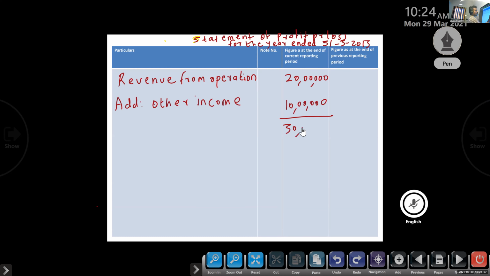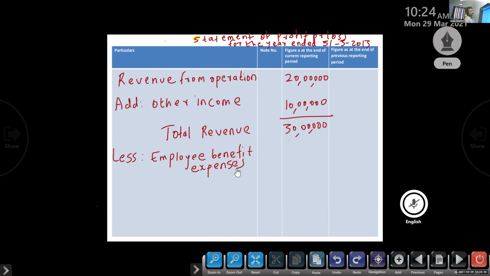Then we will get total revenue. Then less employee benefit expenses. Here only one expense, employee benefit expenses, given as 21 lakh. So you will get 9 lakh. This will be profit before tax, no other expenses.